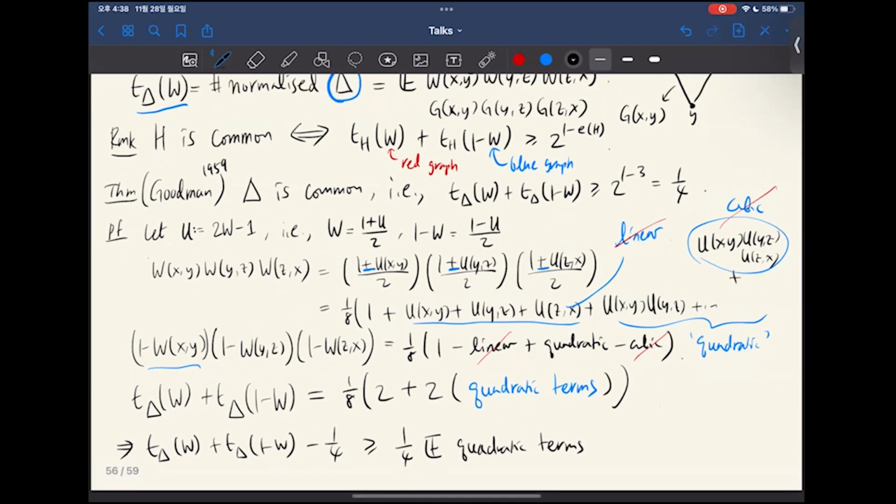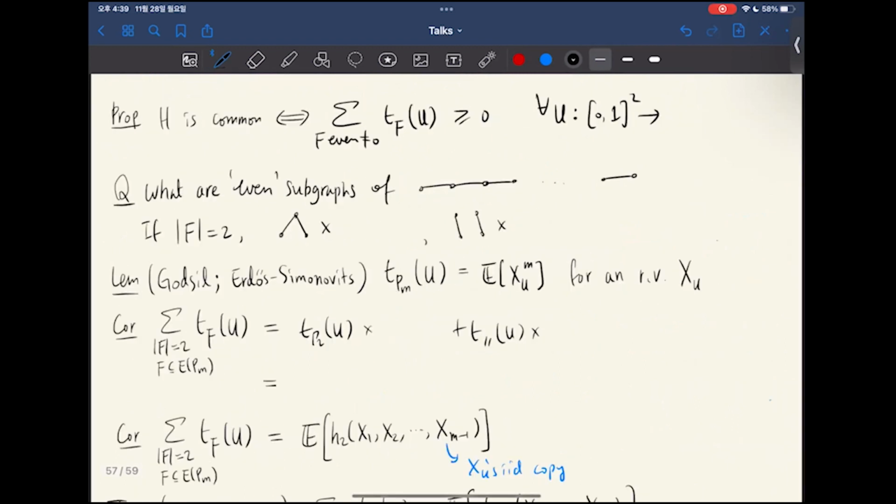Typically, this includes the expectation of Wxy and Wyz, which you can easily prove that it's non-negative. Just to illustrate the trick, you just integrate this expectation by x first and then z, then it just becomes a square. Okay, and hence this is non-negative, and hence we prove Goodman's formula. Okay, so this is a proof.